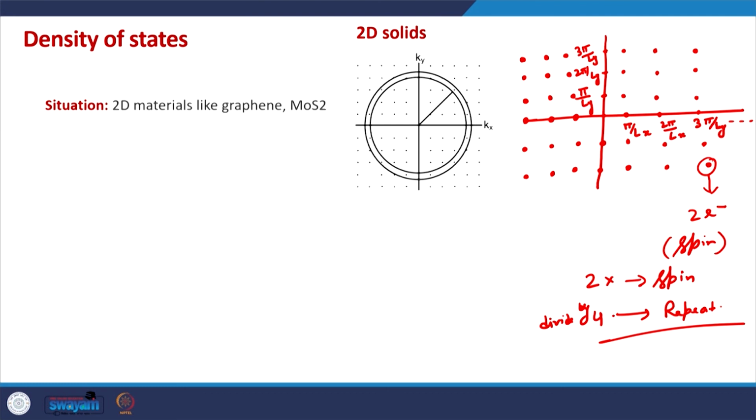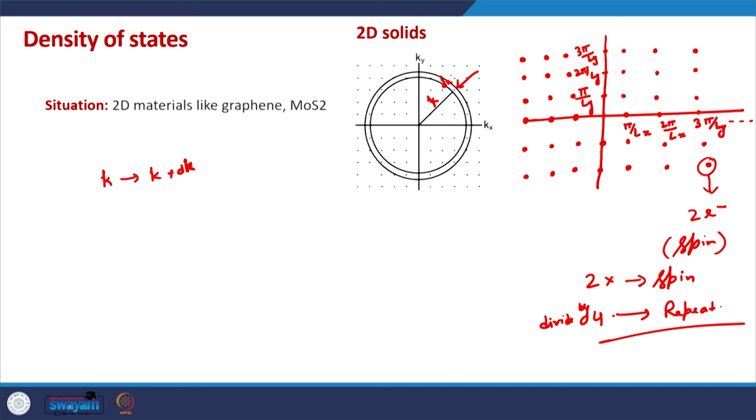Now, in order to calculate the number of electronic states in the range from k to k plus dk, we will make a circular ring of width dk, with inner radius k and outer radius k plus dk.